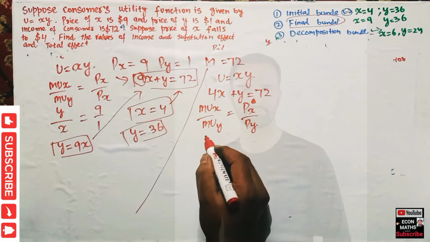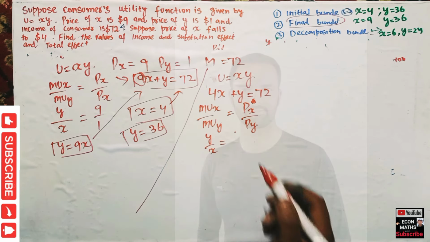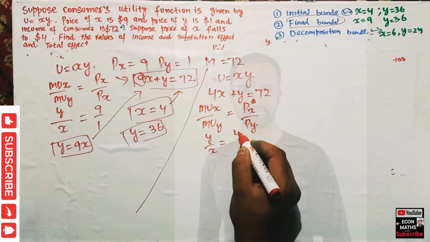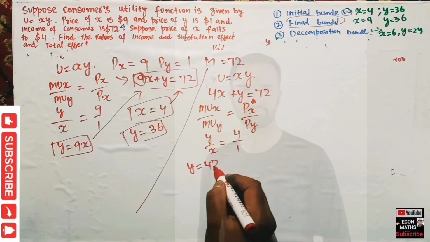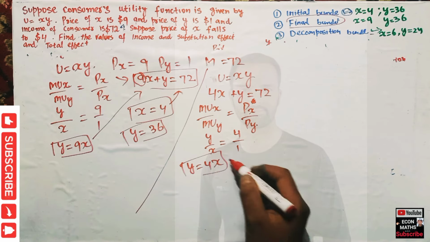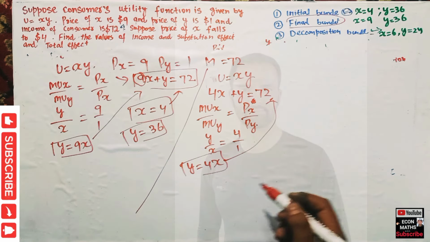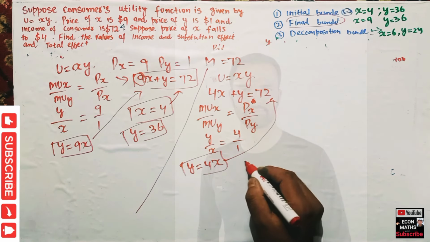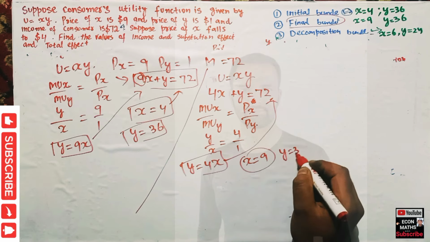And again we got y upon x is equal to 4 upon 1, and that means y is equal to 4x. Okay, we just plug this y is equal to 4x into the new budget constraint. After that, we got x is equal to 9 and y is equal to 36.